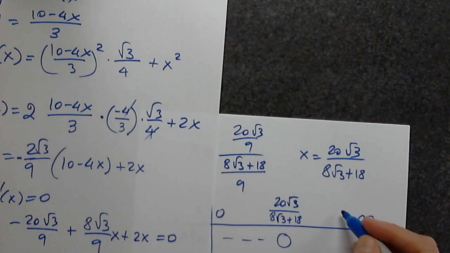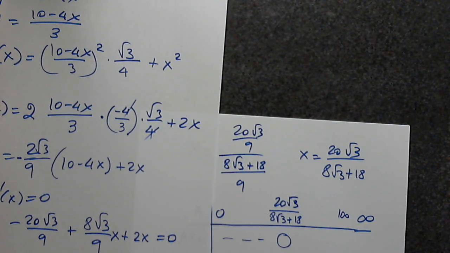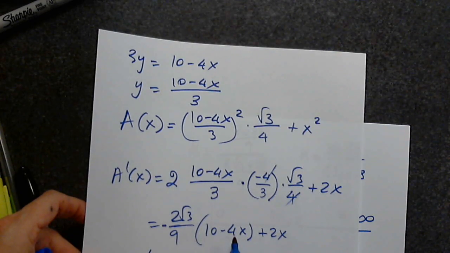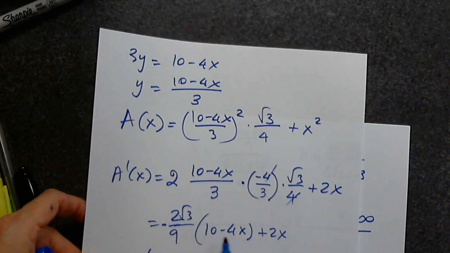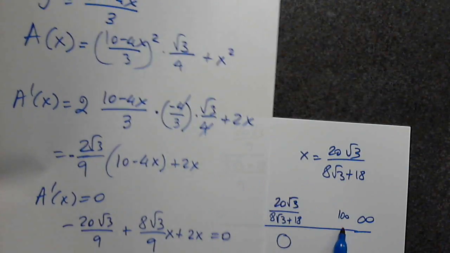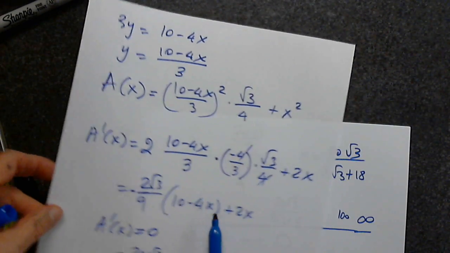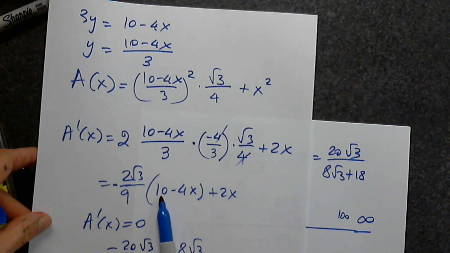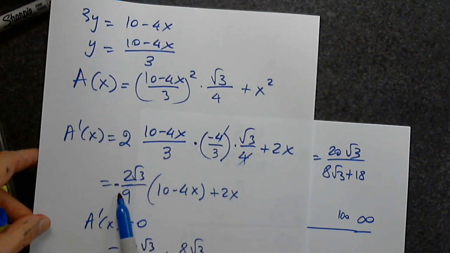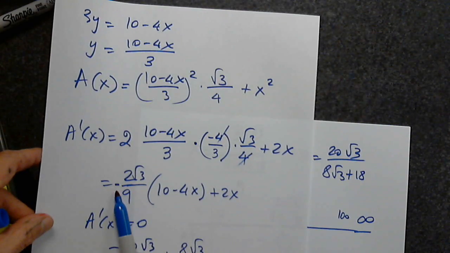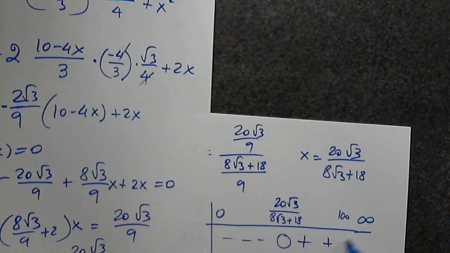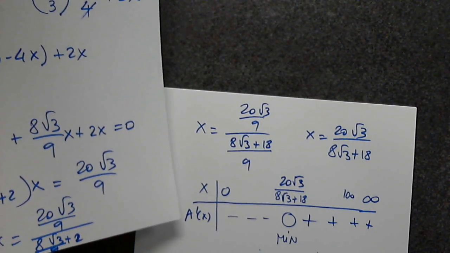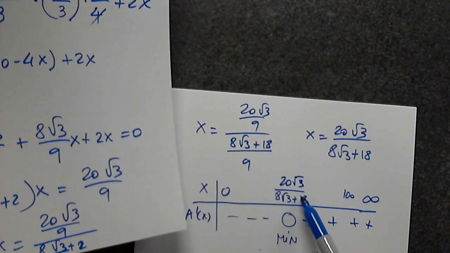So if I plug in 10 meters or even 100, let's see what happens. So this will be negative times, yes, it will be positive. No, I'm sorry, this will be negative, right? So negative 400 plus 10 is negative 300. So this will be positive, and this will be positive. So definitely this is a minimum. So the minimum area is when x is this.